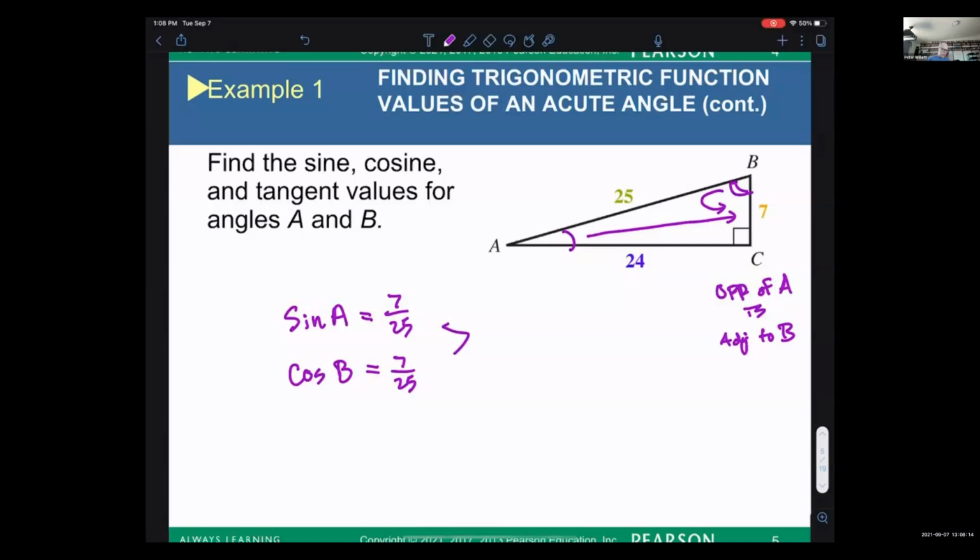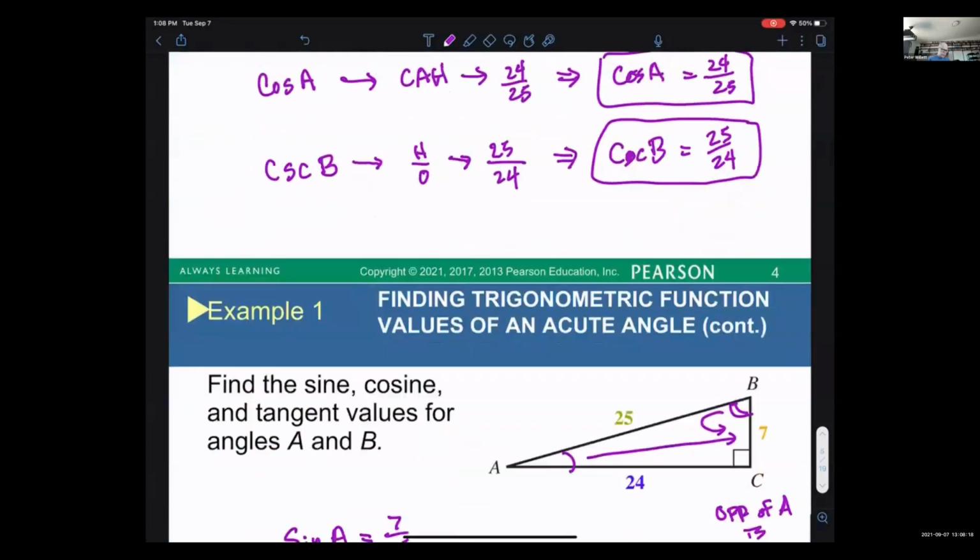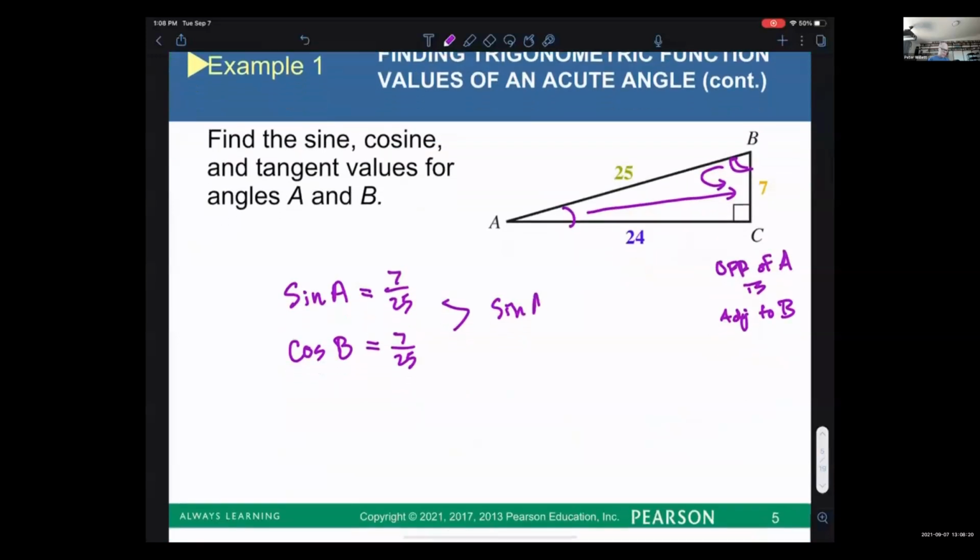And so what these are telling us is that for this triangle, sine of A is equal to cosine of B. Similarly, cosine of A will be equal to sine of B.